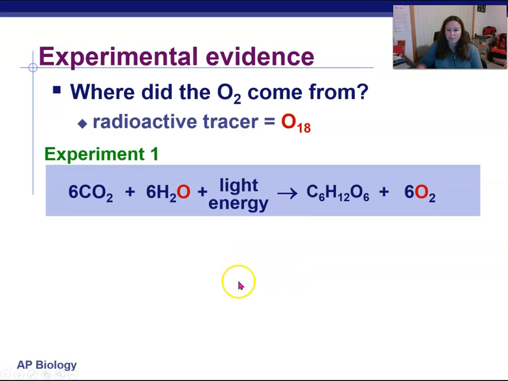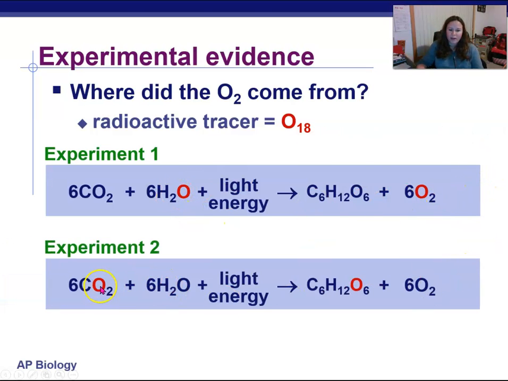So they did some experiments where they radioactively labeled the oxygen in water, and then they found it in the oxygen gas at the end of the photosynthesis experiment. So that pretty much told us the oxygen comes from water. But just to be sure, they tried it on the carbon dioxide as well.